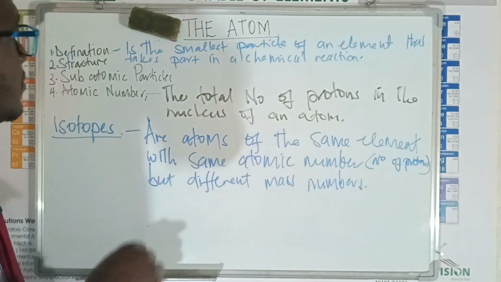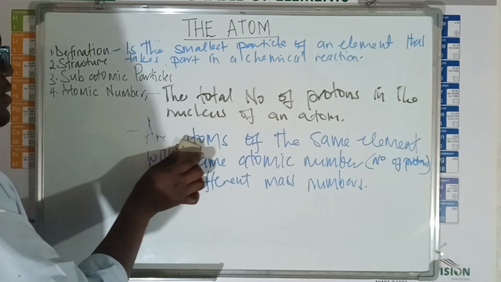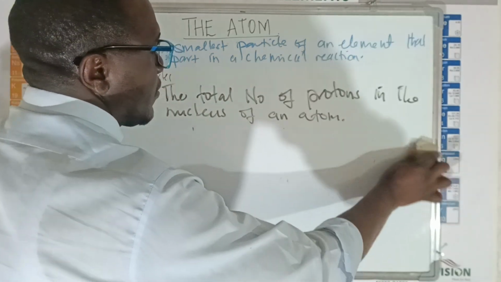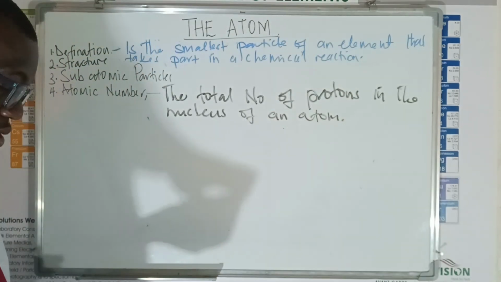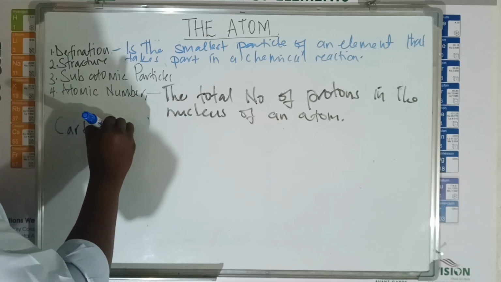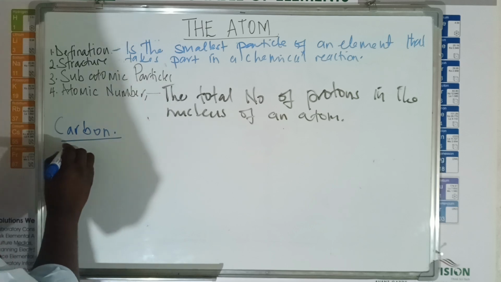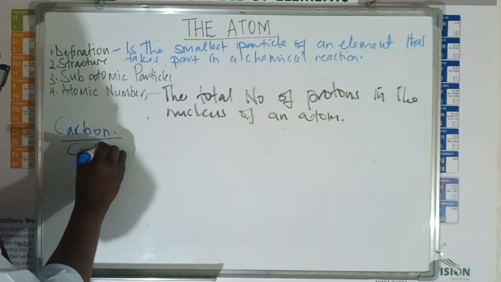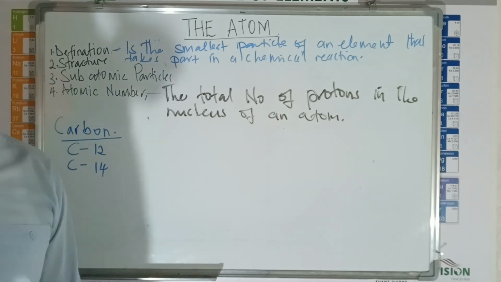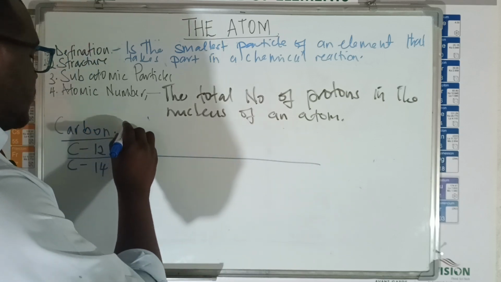Now we want to look at examples of isotopes. We want to look at 2 examples. We have carbon. Carbon as an element exhibits isotopy. We have carbon 12 and carbon 14. Now carbon 12, we can have it as a table like this.